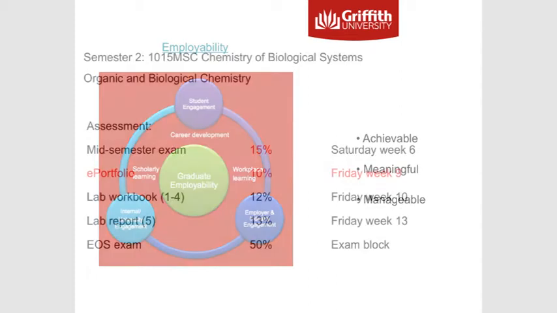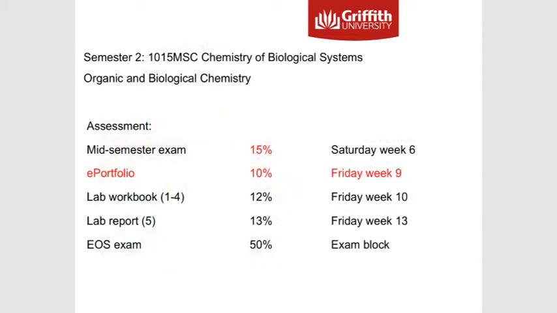So the item that I introduced is this e-portfolio, and it's worth 10%. I took that 10% out of the mid-semester exam, so I reduced the weighting on the mid-semester exam. I introduced it to students in week 1 so they could start working on it from then, and it wasn't due until Friday of week 9.